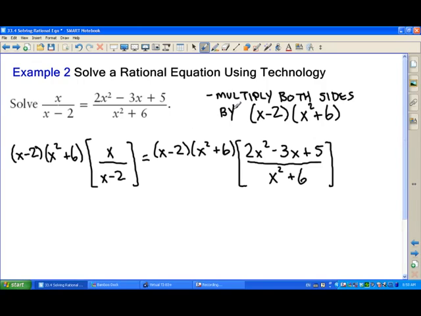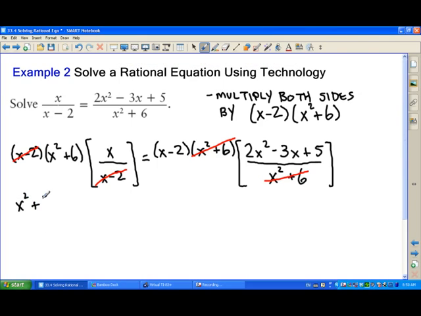So multiplying both sides by this common denominator, we can do a little bit of canceling. The denominator on the left-hand side cancels with one of these terms. The denominator on the right-hand side will cancel with one of these terms. Which leaves me with something a little bit easier to work with.